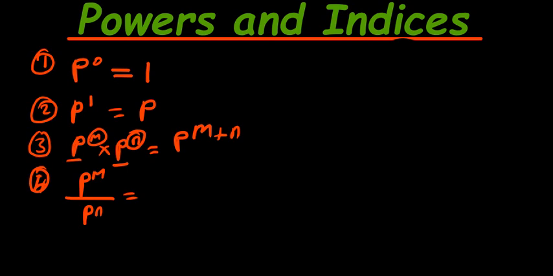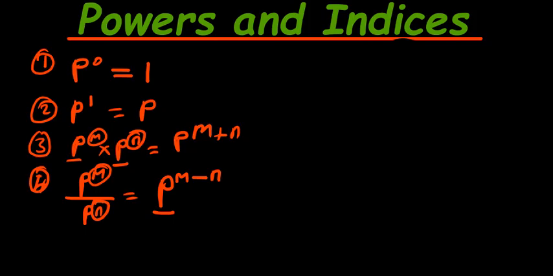You subtract, and the one which is on top is the one which is going to go first. So you are going to have p to the power m minus n. You maintain the base, and then what do you do with the powers? You subtract them, beginning with m minus the one which is down there.